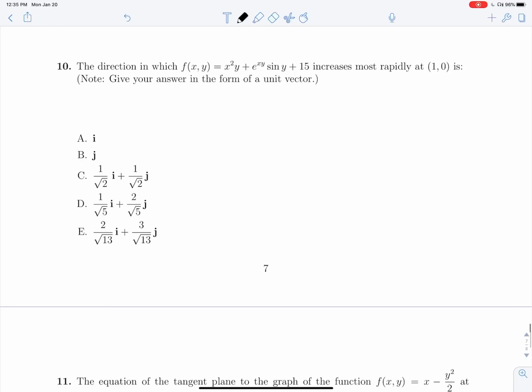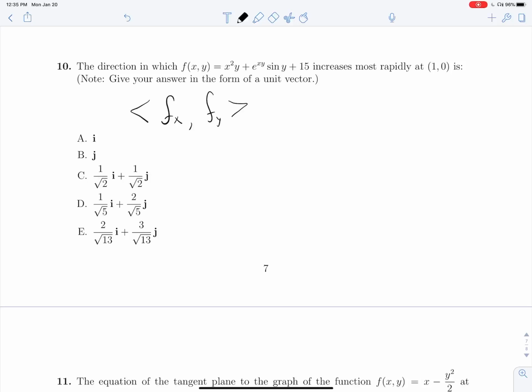Question 10, the direction in which f of x, y increases most rapidly at 1, 0 is what? Okay, so we know that if we're looking for the direction of greatest ascent or greatest increase, which is what they're talking about here with the increases most rapidly bit, we need the gradient vector. And our gradient vector in this case is just going to be f_x, f_y.